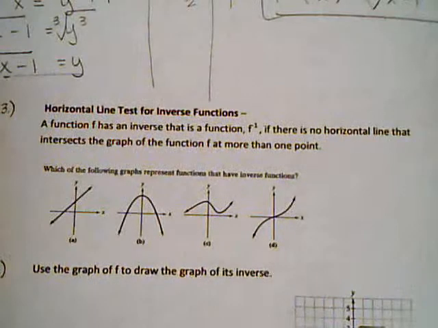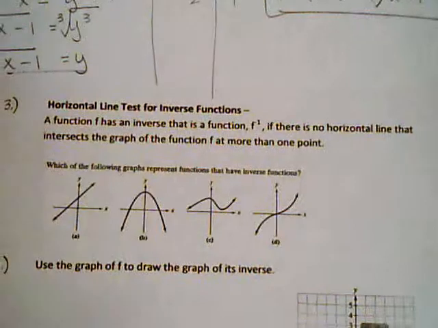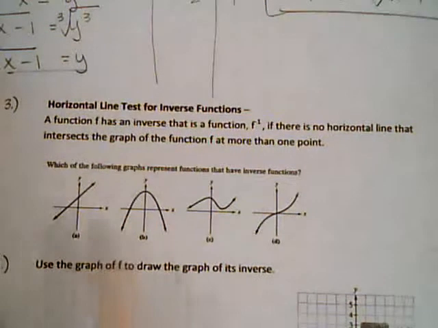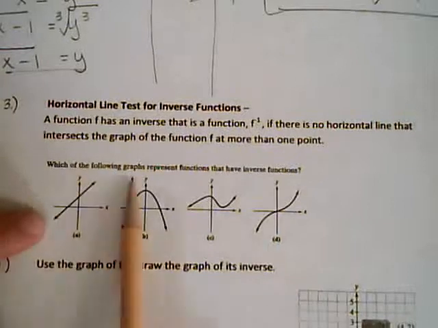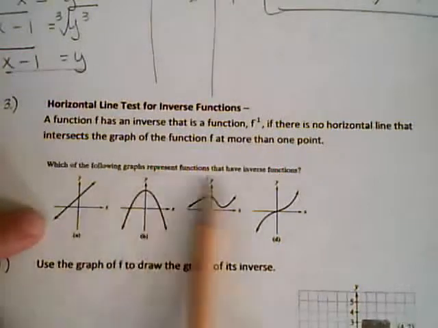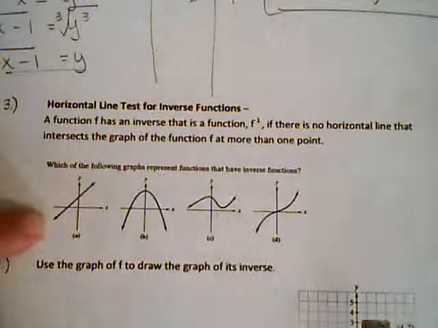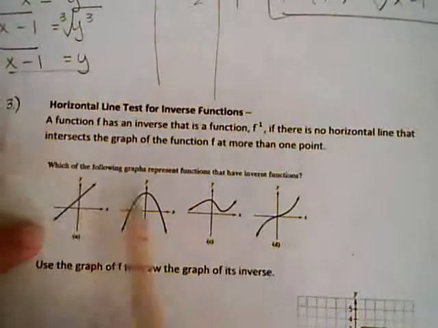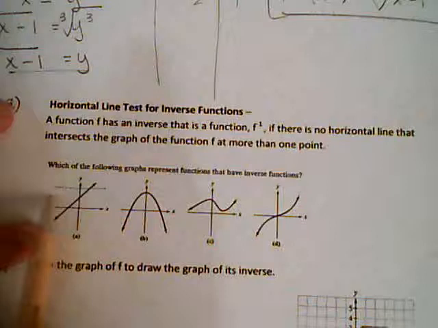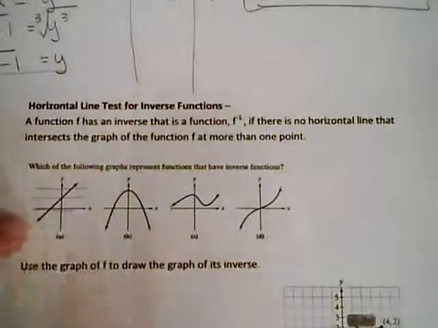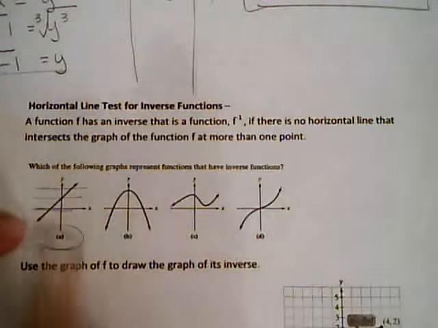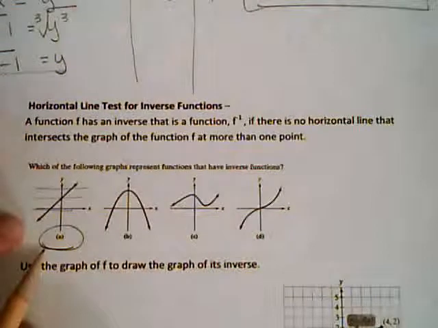Okay, so if I look at the graphs that are given here, which of the following graphs represent functions that have inverses? If I draw a horizontal line anywhere on this graph, it would only intersect it at one point, so that means that A would have an inverse.